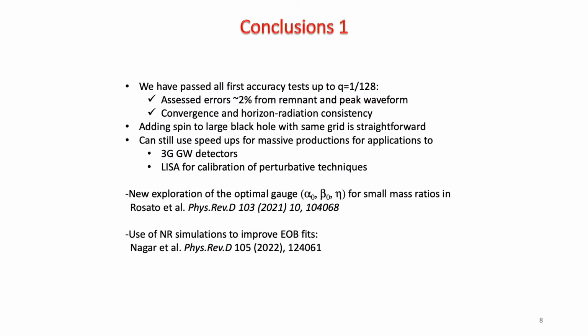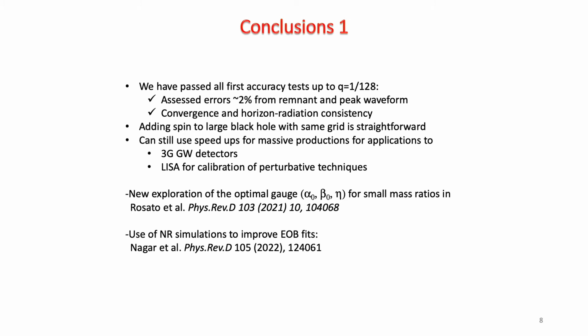So let me first make partial conclusions for this kind of studies. We have assessed the kind of errors we have with convergence rates, and also consistency of the horizon quantities versus the radiated quantities for up to mass ratios 1 to 128.